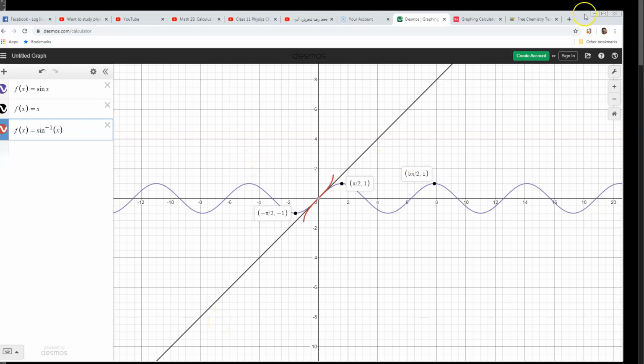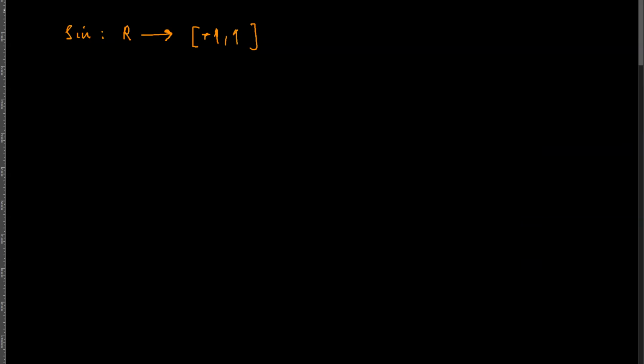So we said that we would take the sine function from R to this set, but the function would not be one-one. We would define the function from negative pi by 2 to pi by 2, and then the range of the function becomes -1, 1.